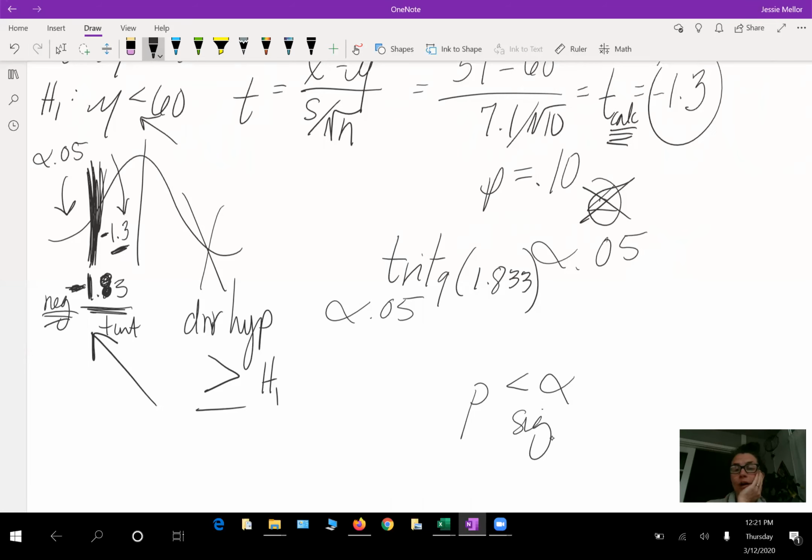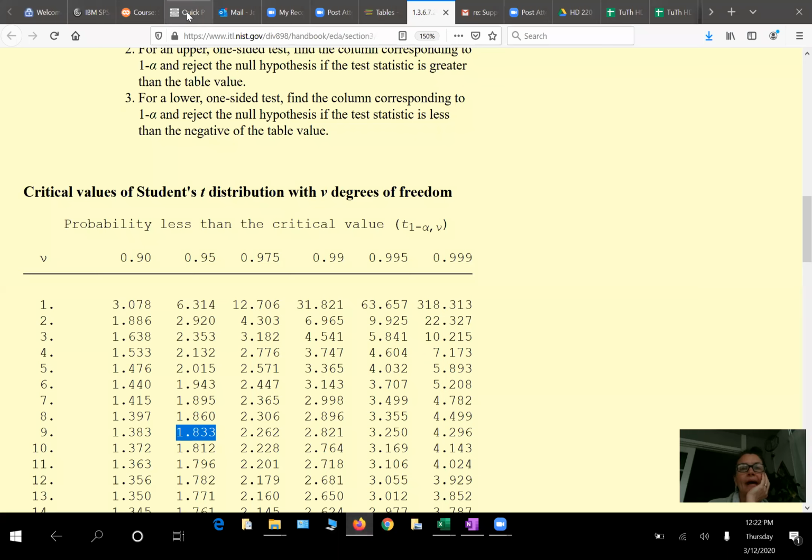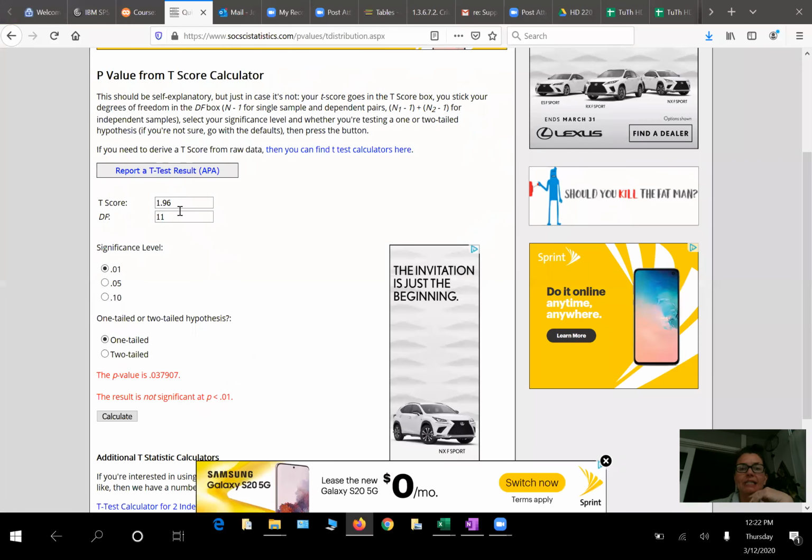Now, if I really want to know the actual level of significance for this t, I can go to my probability calculator. I'm in a t-test. My t-score was not a 1.96, it was actually a 1.3. My degrees of freedom have now changed; they are 9. I'm not in a 0.1, I'm in a 0.05 is what my problem told me.